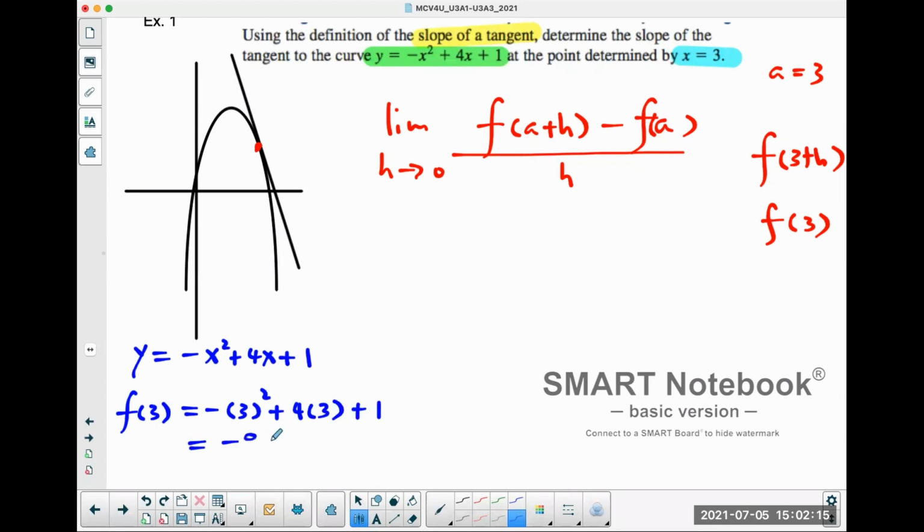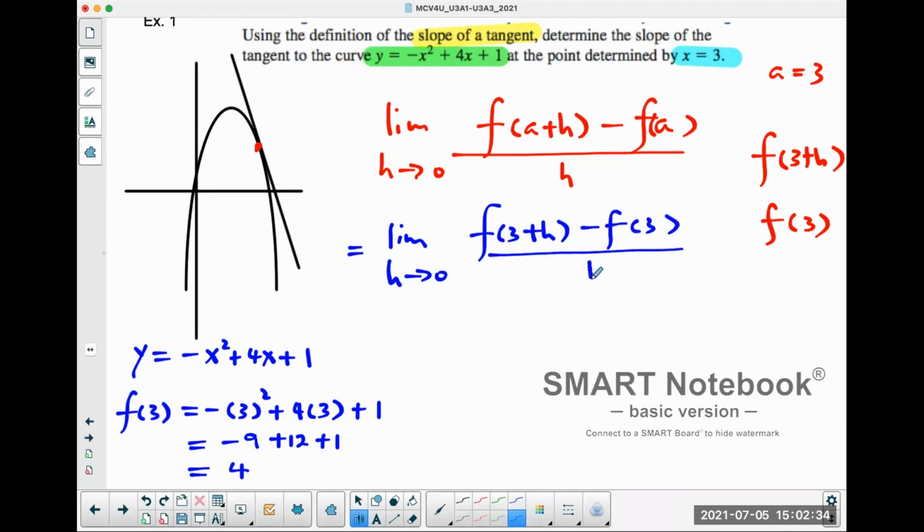That's going to be negative 9 plus 12 plus 1, which is equal to 4. So f at 3 is going to equal 4, right? So equals limit h approaches 0, f at 3 plus h minus f at 3 divided by h.